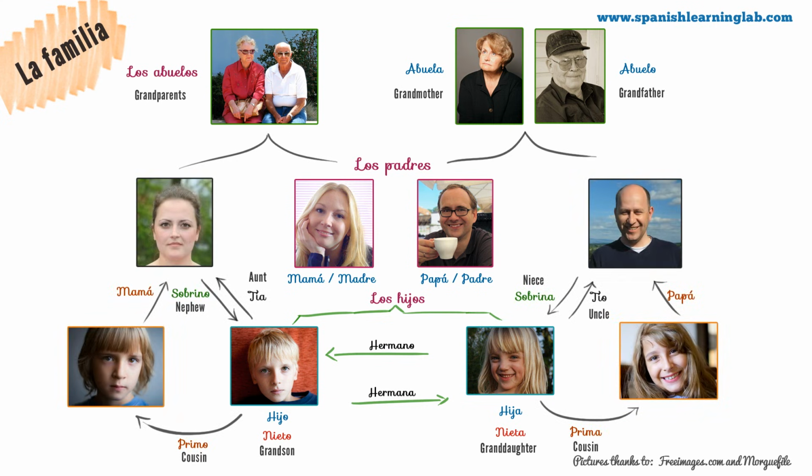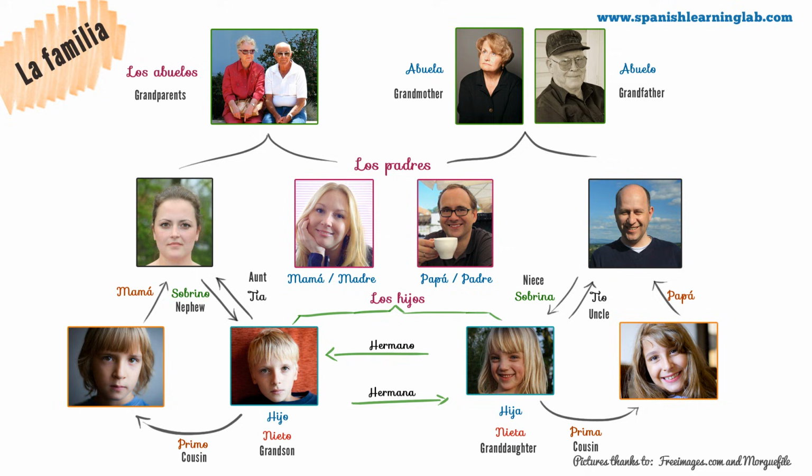Other important relatives are los tíos, or uncles and aunts. We use tíos to refer to all of them. Tío would be an uncle and tía would be an aunt. The son of an uncle or aunt is un primo, and the daughter of an uncle or aunt is una prima. For the parents, the children of their brothers and sisters are sobrinos.